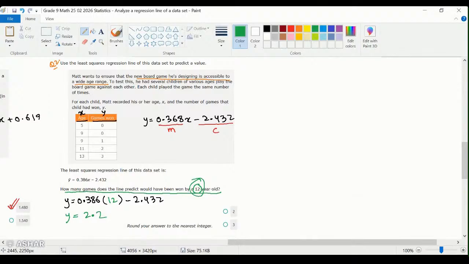But we need to round it off to the nearest integer. We round down, agreed? The answer is 2. So the prediction says that for this game design, a 12-year-old will be able to win 2 games.